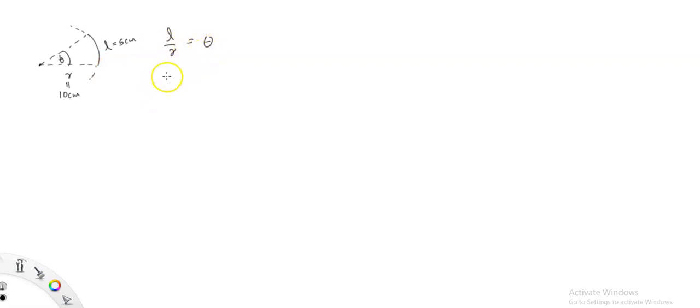L over R is theta. 5 centimeters over 10 cm, the centimeters go away, 5 over 10 is 0.5 radians. That's theta. Theta is half a radian, right? We know that a radian is about 57.3 degrees, so it will be half of that, so it's like 28 degrees or something like that.